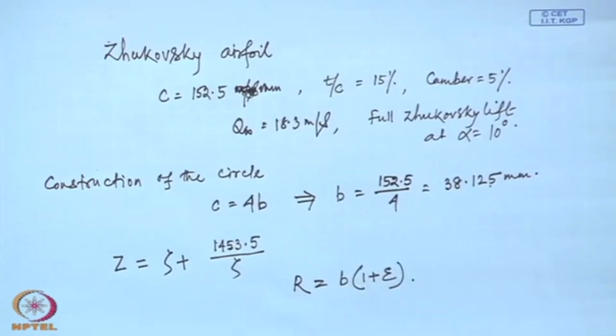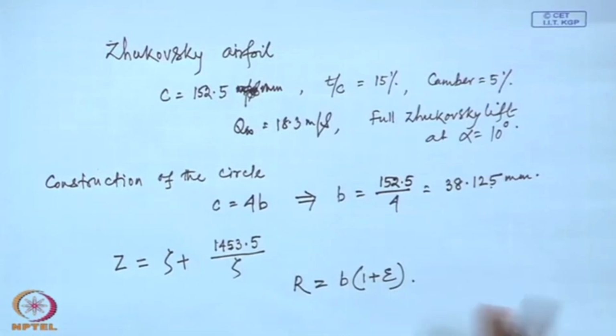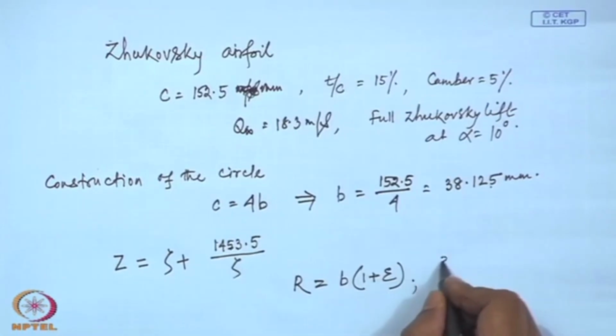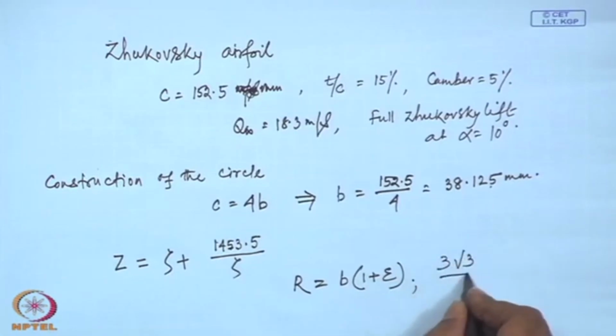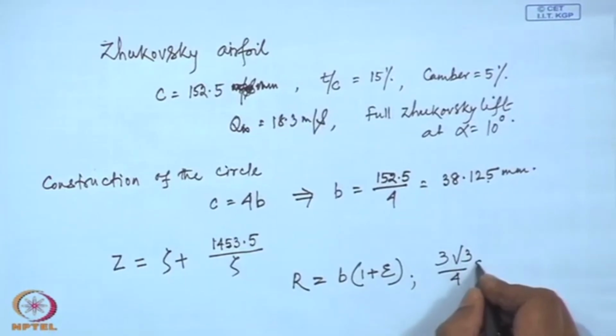Epsilon is as yet unknown to us, but we have another relation, maximum thickness. What is it? Maximum thickness is 3 root 3 by 4 epsilon. We have 3 root 3 by 4 epsilon is maximum thickness.